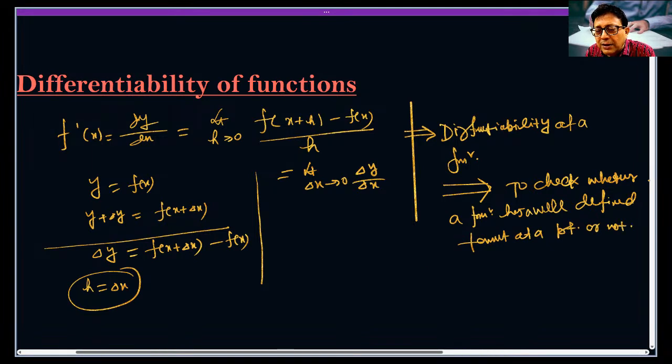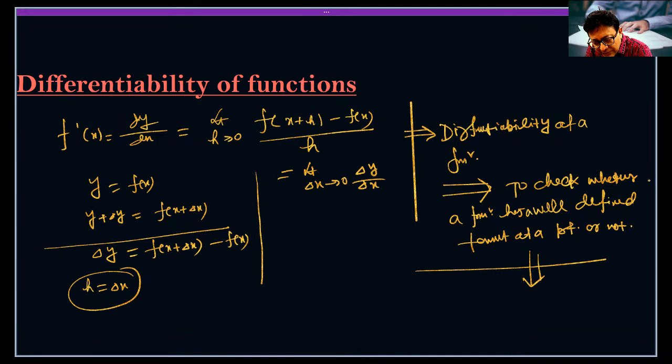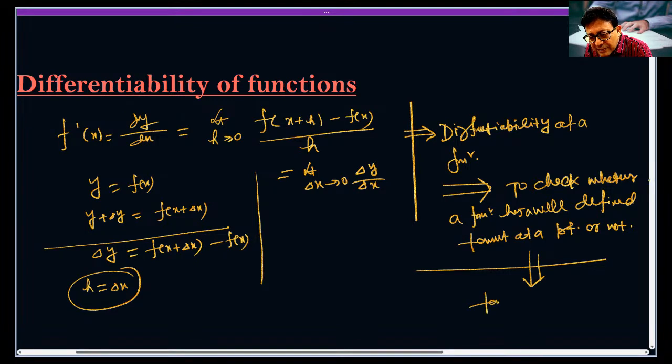What does it mean? Well-defined means this tangent should be unique. The tangent exists, and it should be unique.